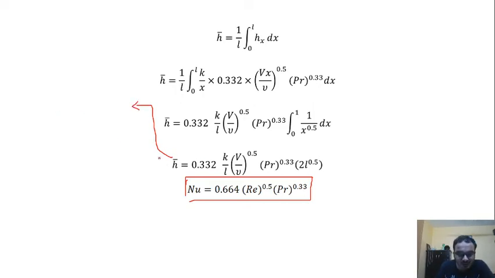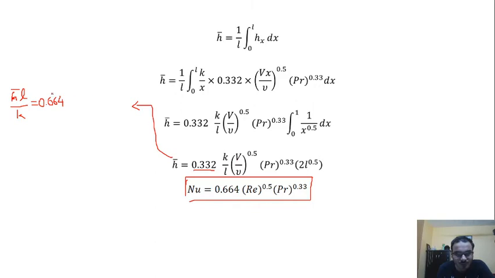Here H bar L by K is equal to, what we have done, we have multiplied this 0.332 into 2, so it is now 0.664. Then K and L are already gone on the left hand side.